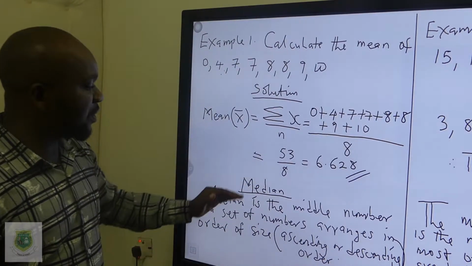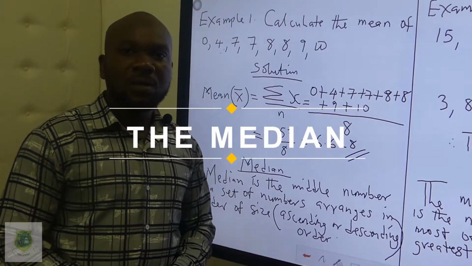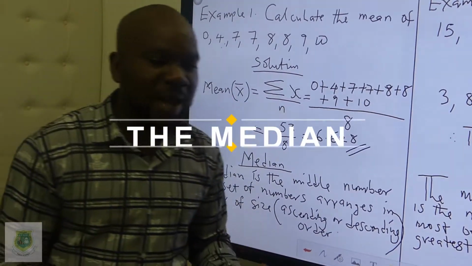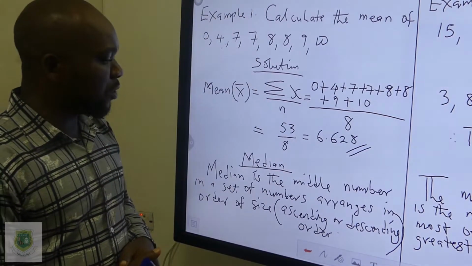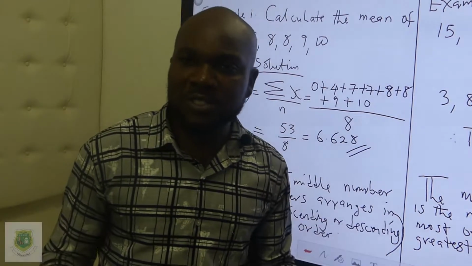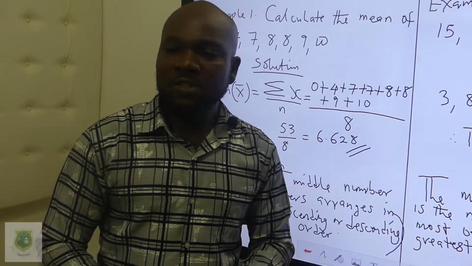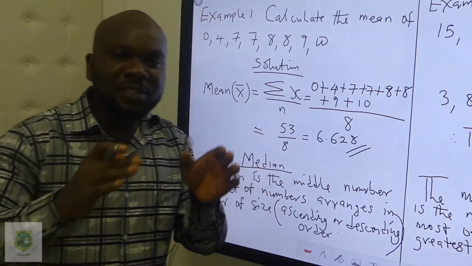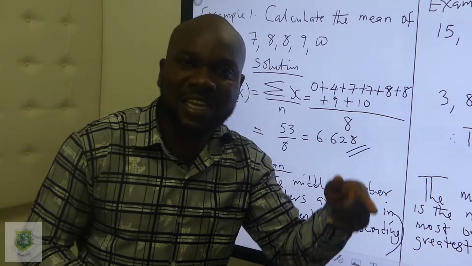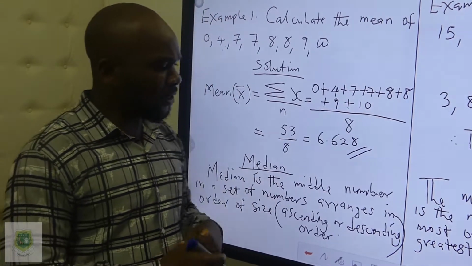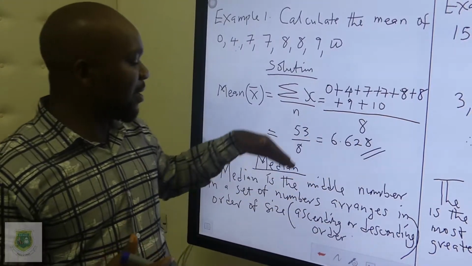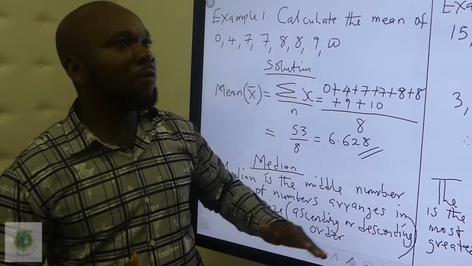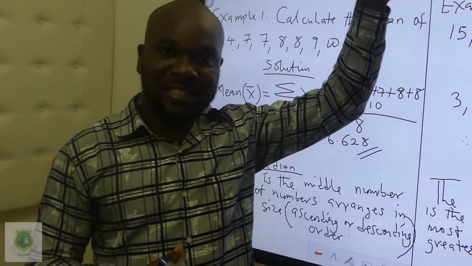The next one is the median. We know median as the middle number. But when numbers are given to you, you will not just go and choose the middle number. There is something you need to observe. You need to arrange the numbers in ascending or descending order. Ascending means arrangement of numbers from the smallest to the highest.